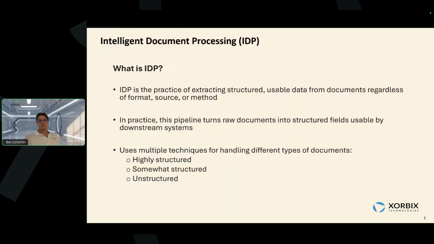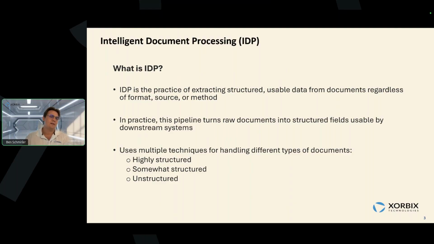All right, so let's take one step back and look at what it is exactly. IDP, also known as intelligent document processing, is essentially the practice of extracting structured data and turning it into usable data that can be used for analytics, for BI, for AI.